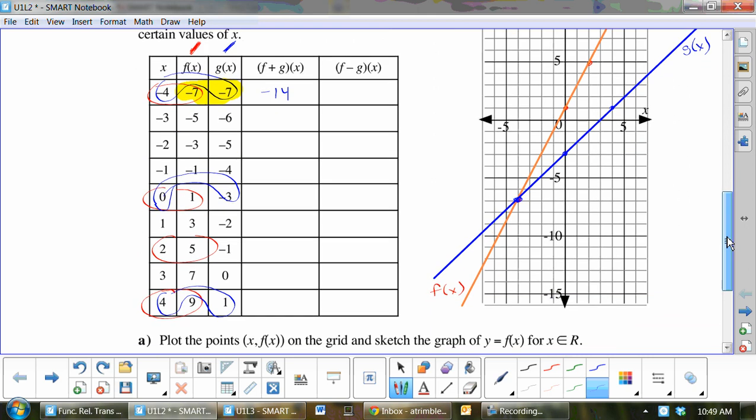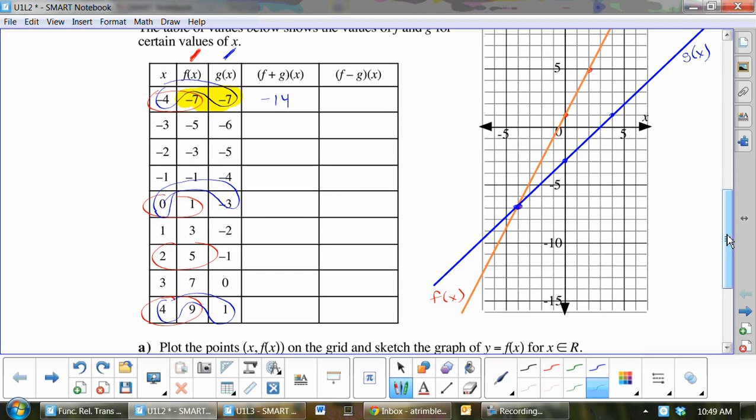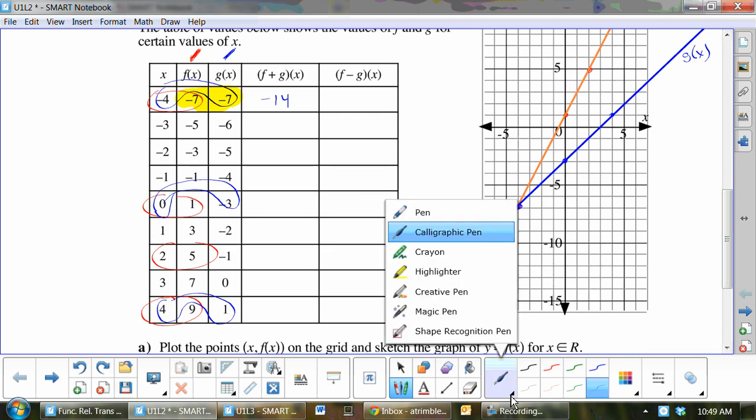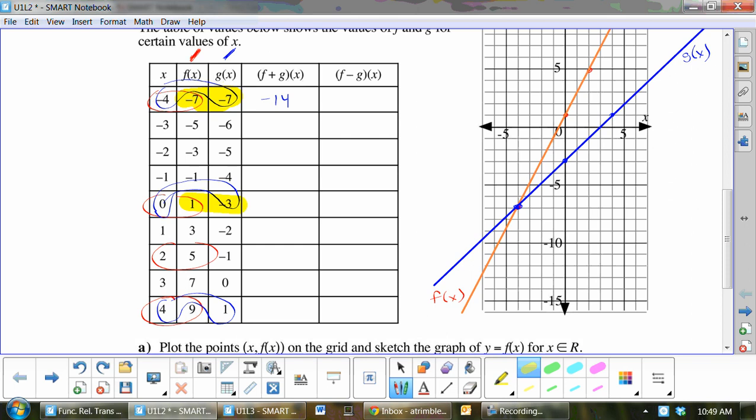Let's do another point: (1, -3). Actually, I should be doing these in black. So 1, negative 3 is negative 2. I'm going to do these in black because I'm going to do a black line to show you that one. Now, the last one, let's do that one. So I'm doing this.